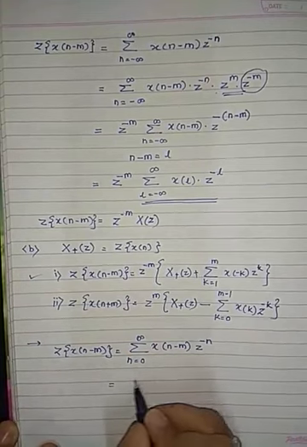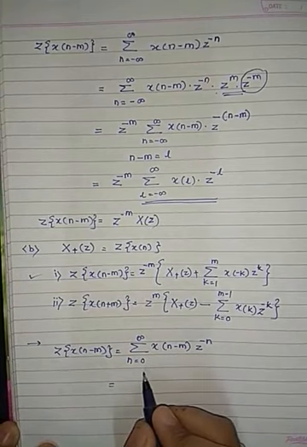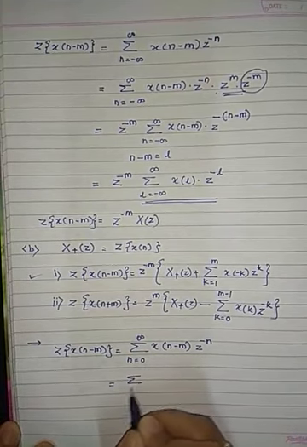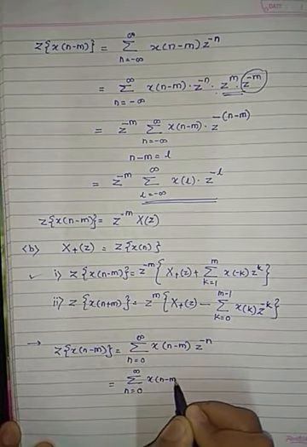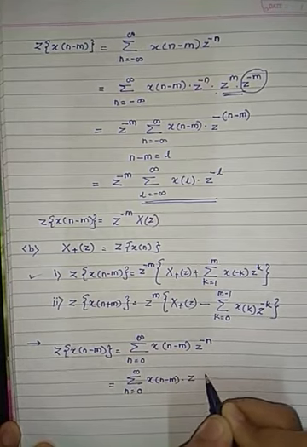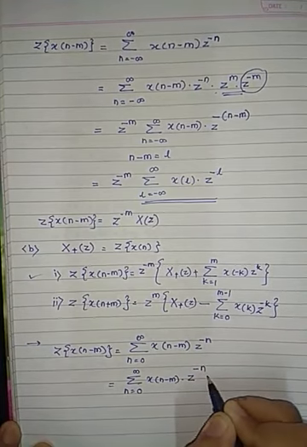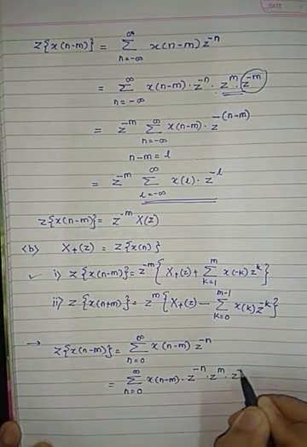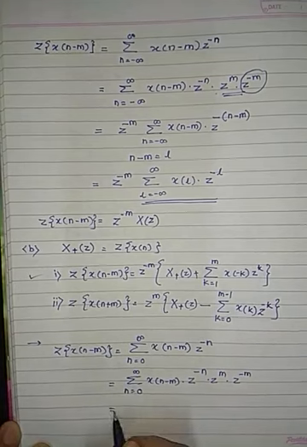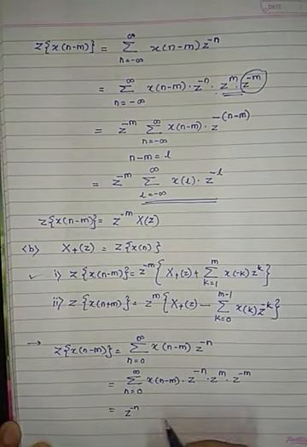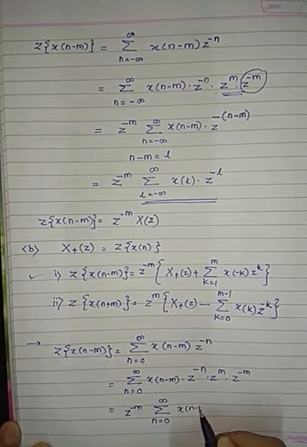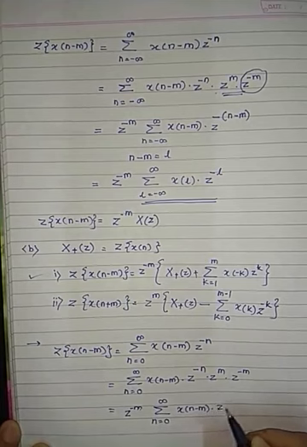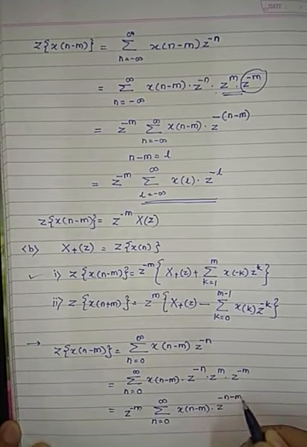Again the same thing we are going to do here: the summation from n equal to 0 to infinity of x of n minus m into z raised to minus n into z raised to m into z raised to minus m. Take the z raised to minus m outside. So it is z raised to minus m, summation from n equal to 0 to infinity of x of n minus m into z raised to minus n minus m.